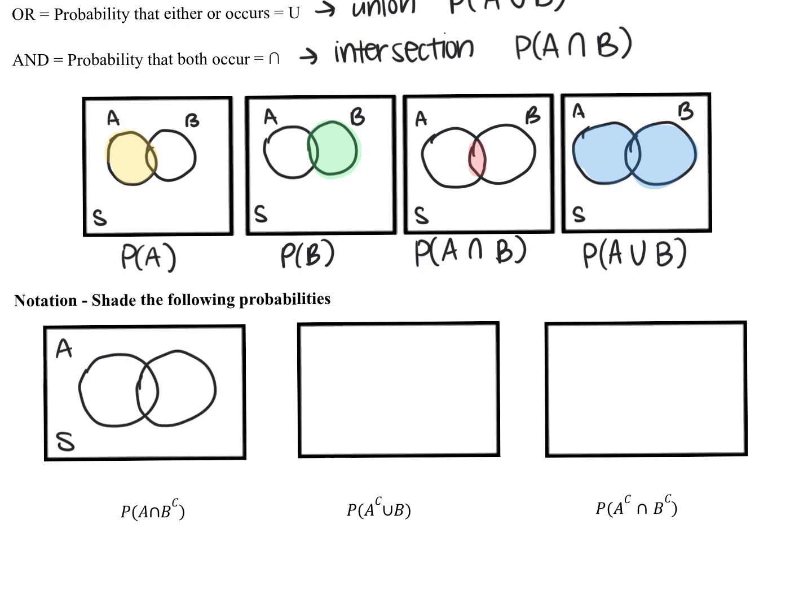We have A and B. I want the probability of A and not B. The only difference between this and the probability of A, which is what we looked at above, is I'm still highlighting circle A, but I'm not including its overlap with B. So this is basically saying that I only want A, I don't want anything that it also shares with B.